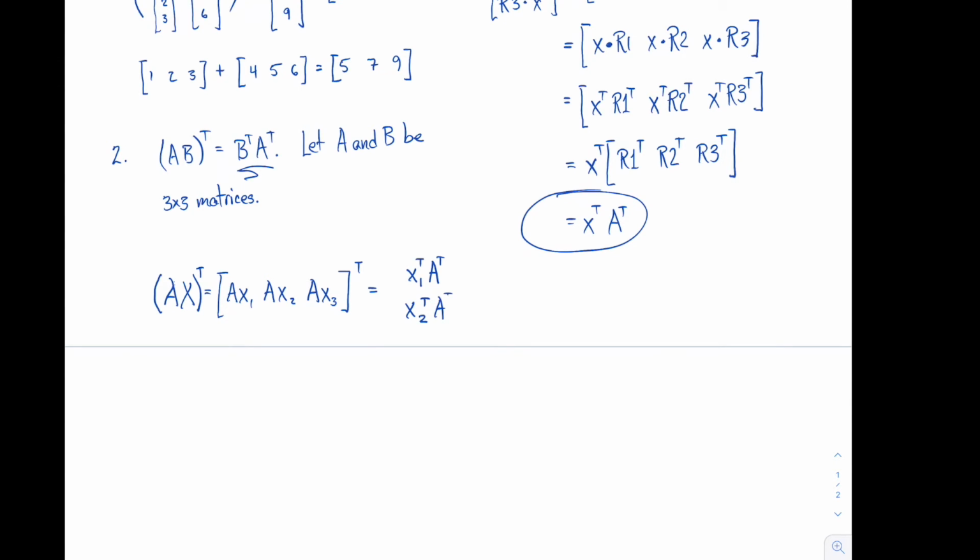And then we have x2 transposed A transposed, and x3 transposed A transposed. But remember, x1 transposed and so on are rows. So these are just now rows of X transposed times A transposed. And that's how we get that for matrix multiplication.